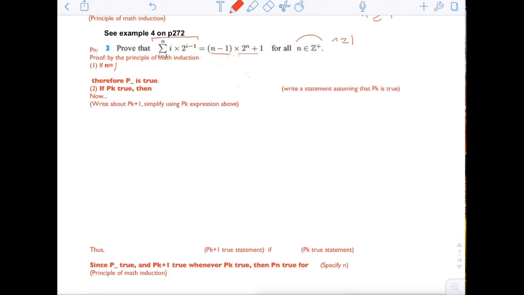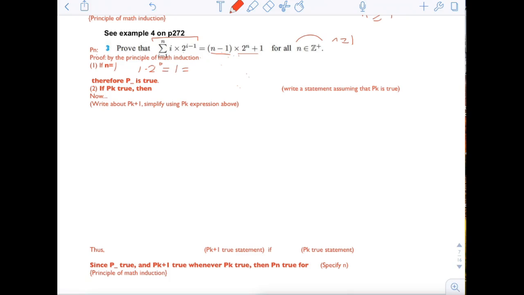Then we know that this is equal to the sum from i equals 1 to 1, so it's not even a summation, it's just one term. And the term is, we're going to substitute in, 1 times 2 to the 1 minus 1, which is 2 to the 0, which is equal to 1.